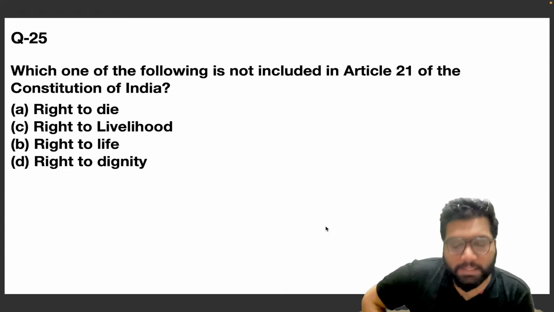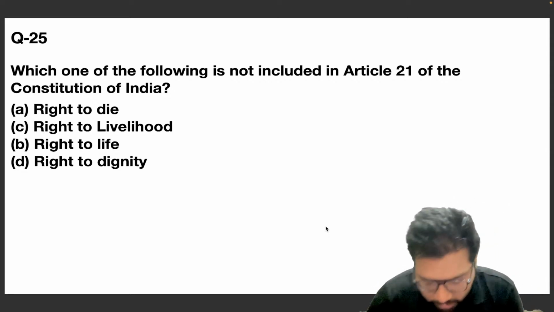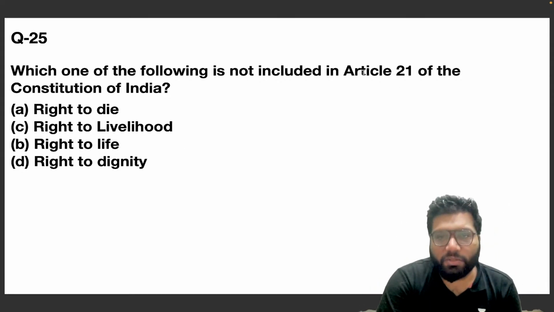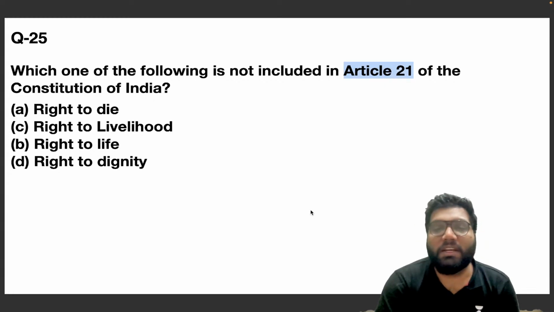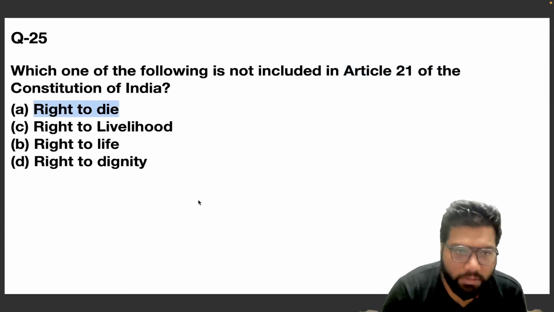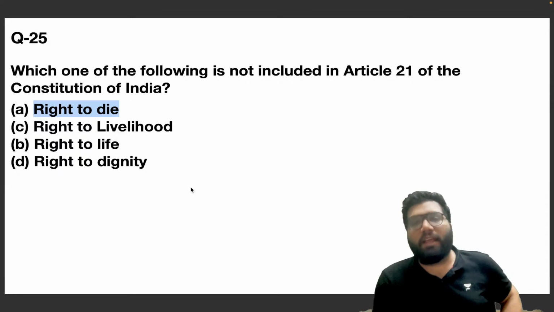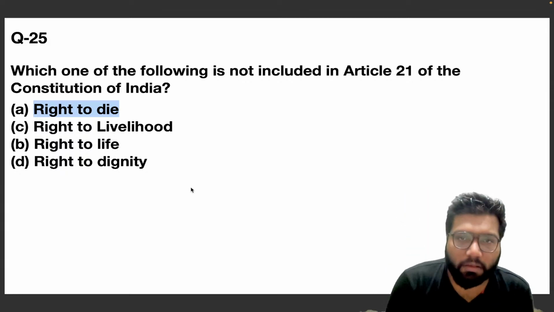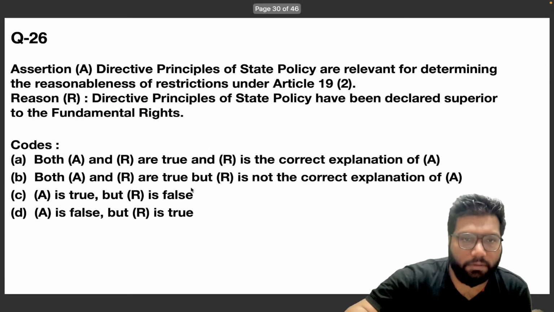Top three students to answer correctly: Amit, followed by Millie and Zara. And everyone's answer is correct, including Akhilesh. That is A. Students, Article 21 is your right to life, and right to life does not include right to die. Okay? Section 309, it's still an offense. Okay, so attempt to suicide is an offense.